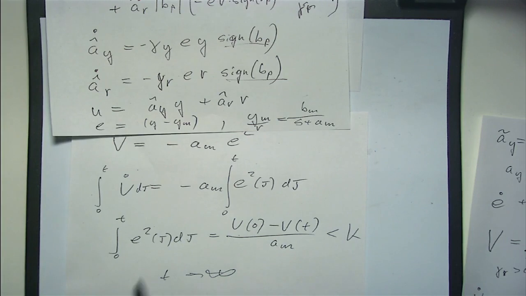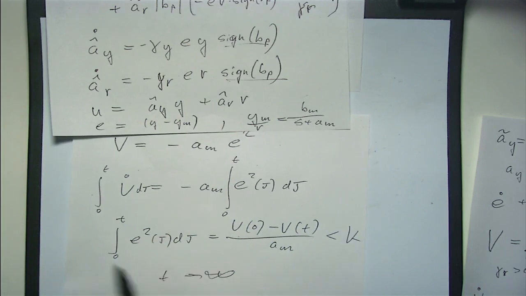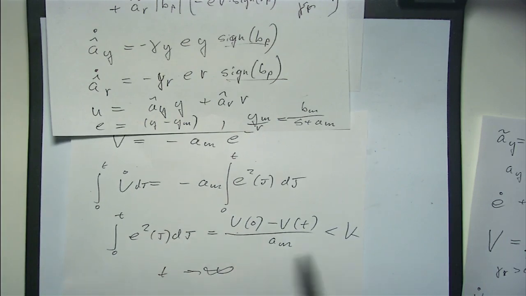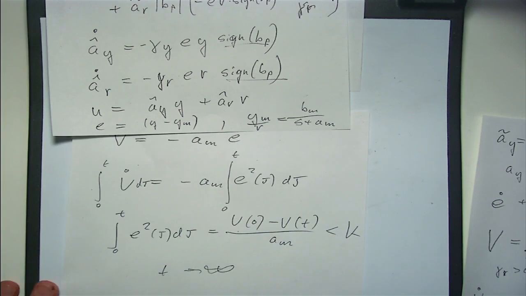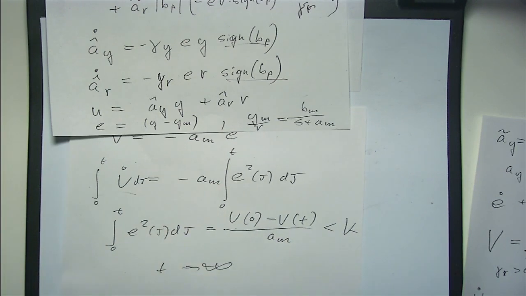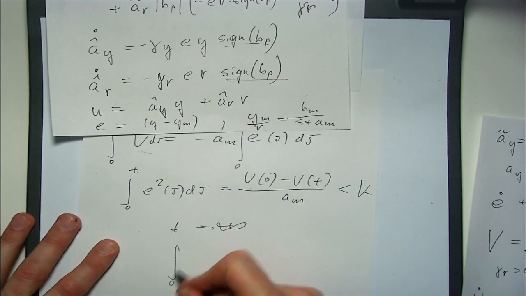So everything we know right now is only that our v is bounded. We know that this integral is bounded, but we don't know much else. So we know essentially that this one is bounded.